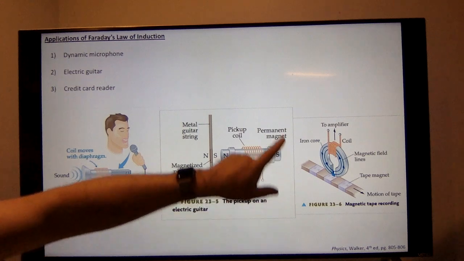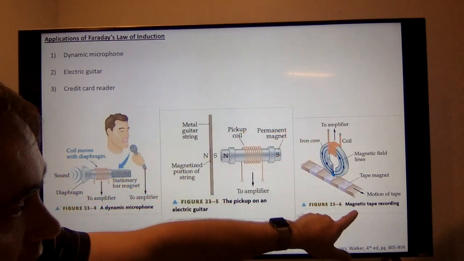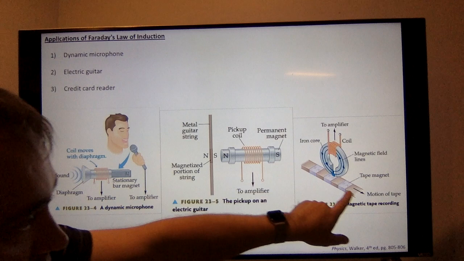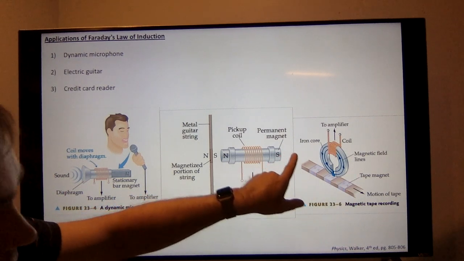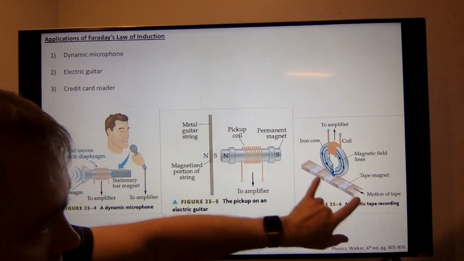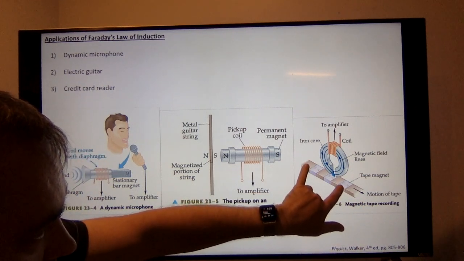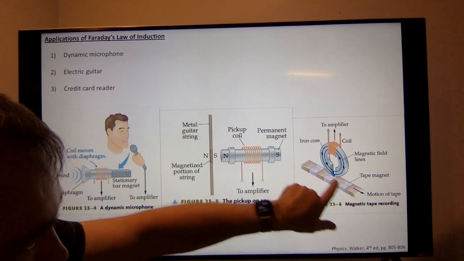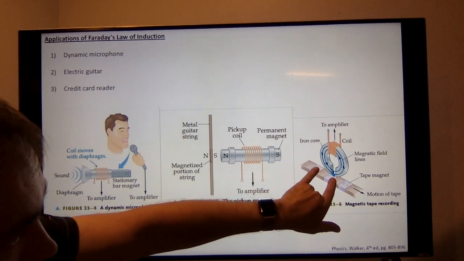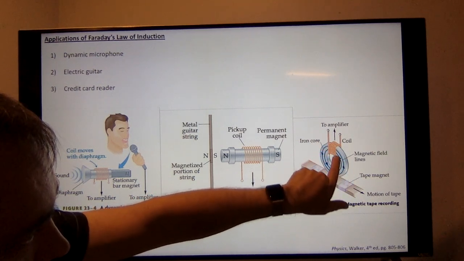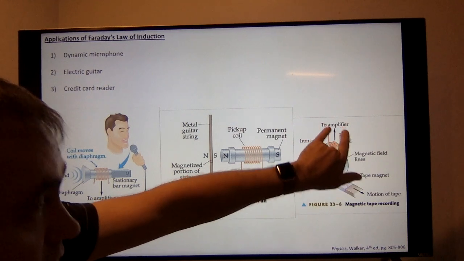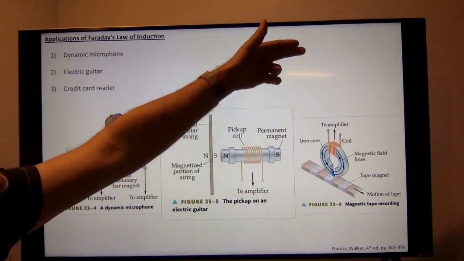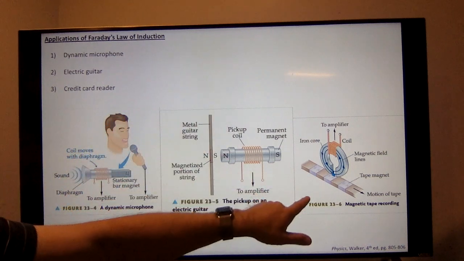This says magnetic tape recording, but you can think of this as the magnetic strip on a credit card. When you slide the credit card through, this is a magnet with a very specific magnetic field that's going to be applied and changing through a nearby coil of wire in the reader, which generates a changing electrical signal that can be amplified, decoded and read.